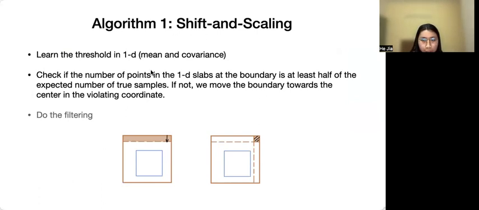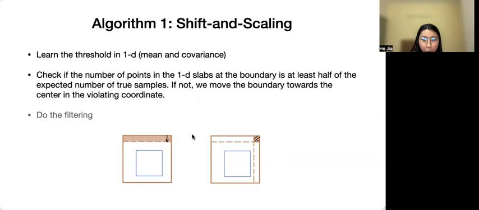So for the shift and scaling, we'll do this. We'll check if the number of points in the 1D slab at the boundary is at least half of the expected number of the true samples. So in this shadow, we count the number of samples here, whether there are enough.